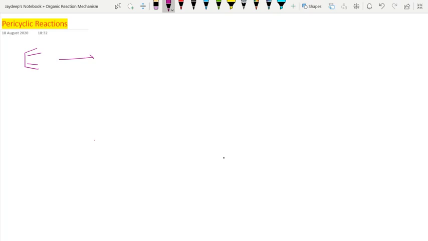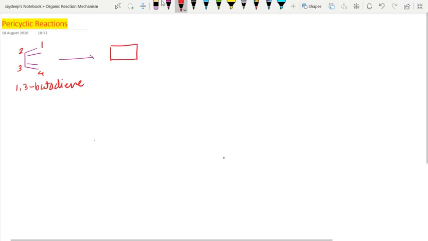So this is 1, 2, 3, 4. So it is 1,3-butadiene. It gives this product.